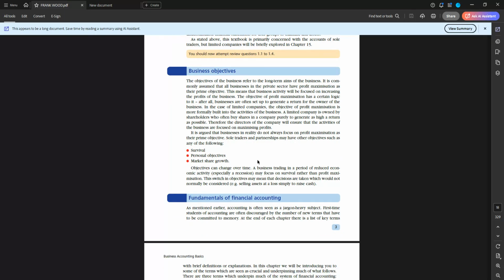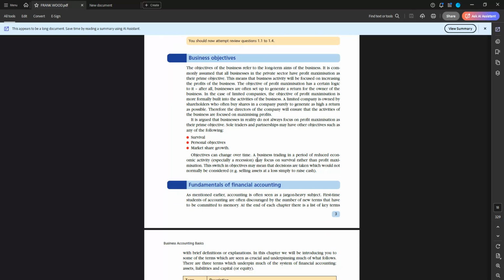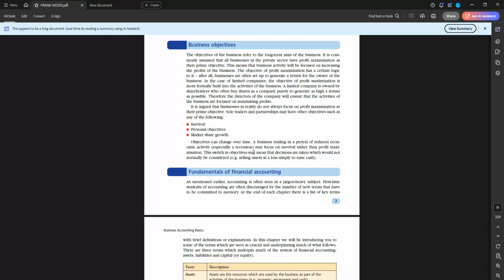What's the business objective? The fundamental objective of the business is to maximize profit. You go into business, unless it's a non-profit, to maximize profit. To do that, you ensure that your business is being run systematically, where your expenses do not exceed your revenue for a period, for a month, for a year. Because if your expenses are exceeding your revenue, then you're not making a profit.